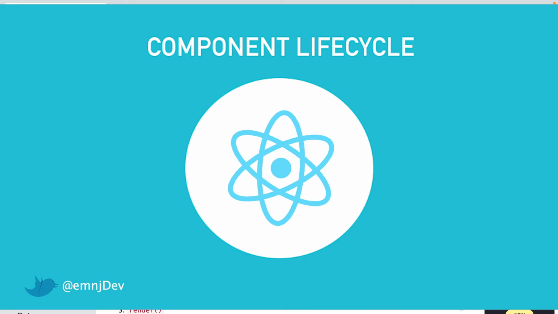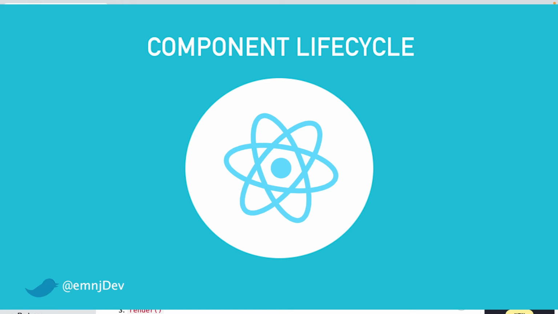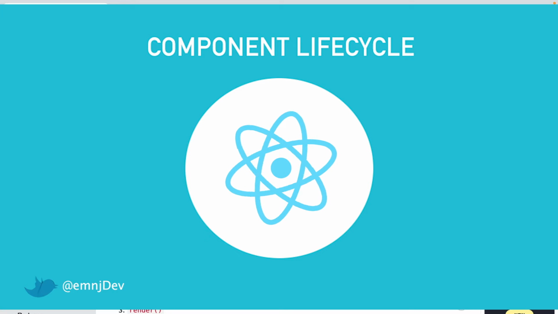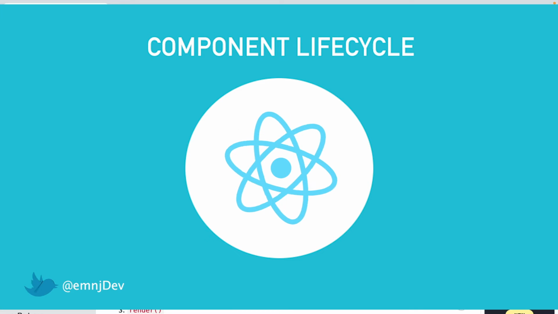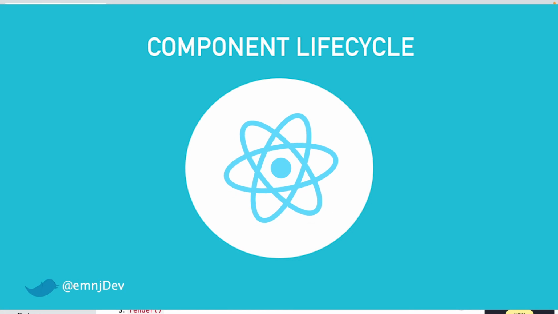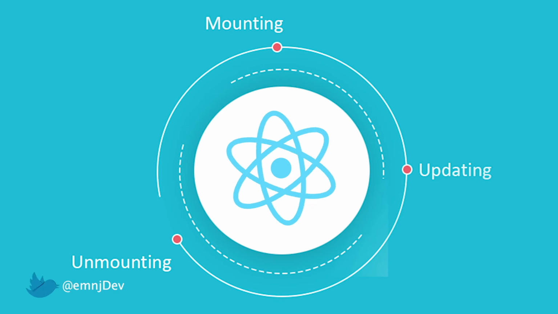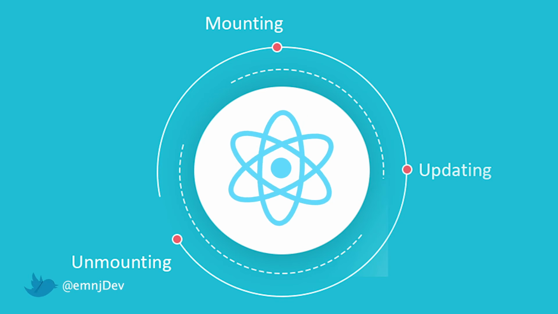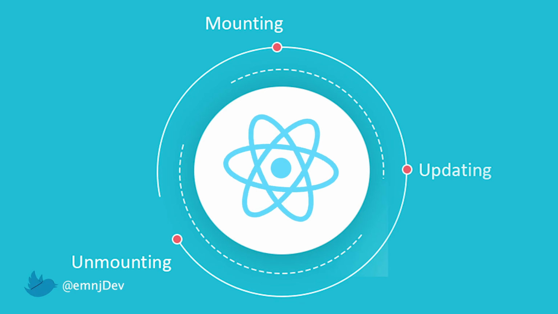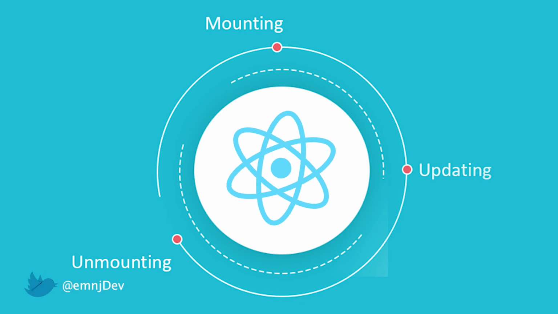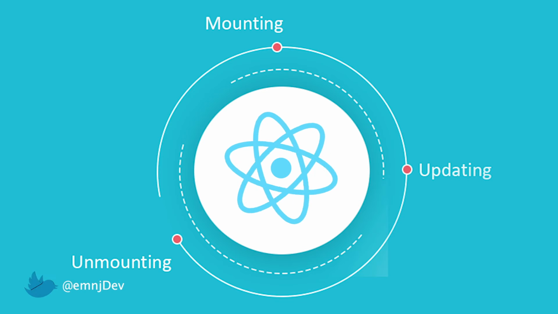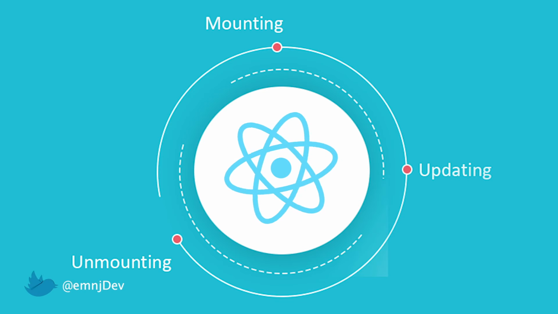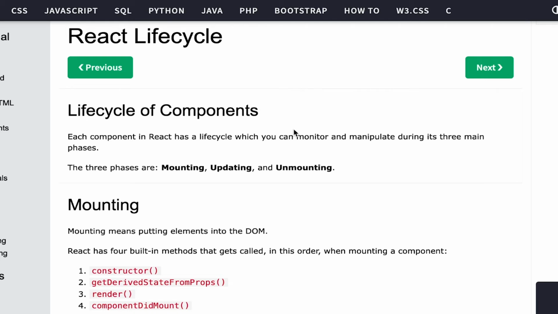For each React component, there's a life cycle which we monitor and manipulate during three main phases. These phases are mounting, updating, and unmounting. Mounting of a component is simply the processes that are involved when React is mounting the component into the DOM. When your project loads in the browser, something happens in the background.